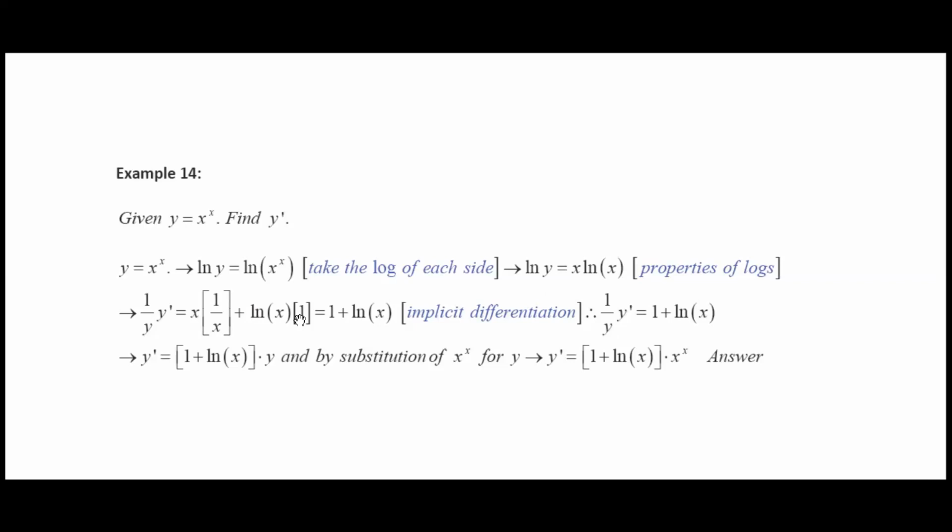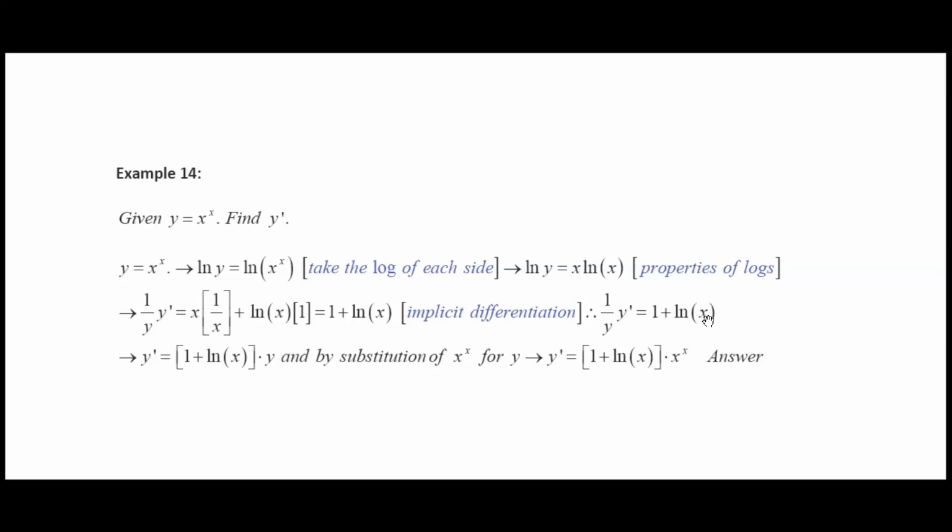Now I can cancel these x's, I get just 1, and then this is just ln of x. So 1 over y times y prime is equal to 1 plus ln of x. That's what I'm restating here.